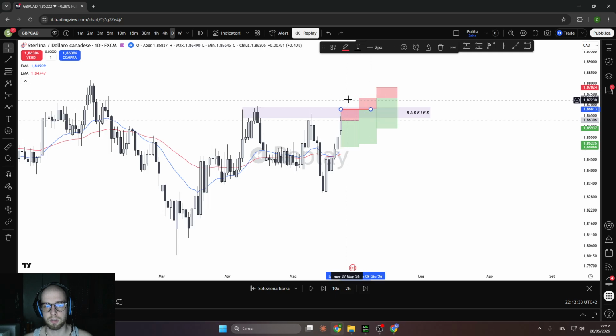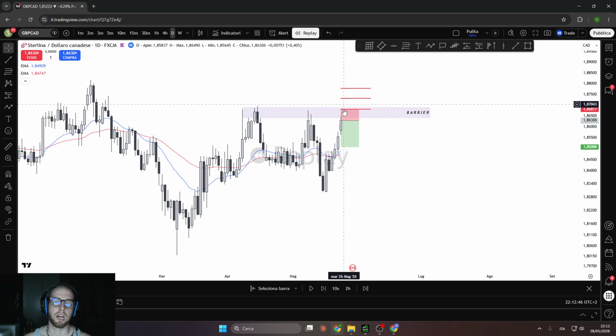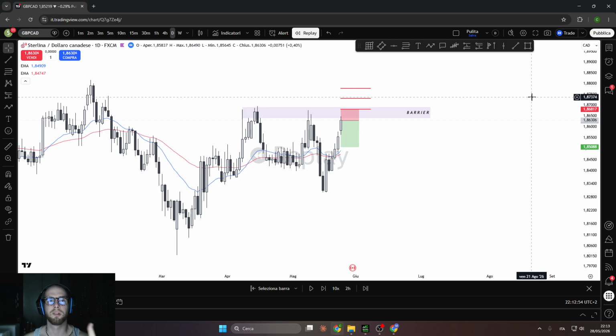Anyway, what happened is I had my limits in place, so instead of using these, I will just put some lines so it's not so cluttered. One line here, another position here, and another position here. There we go. So if price kept going up, I would enter other sell orders here, because I know that the more price expands in one direction, the more likely it is for it to reverse and do a retracement.